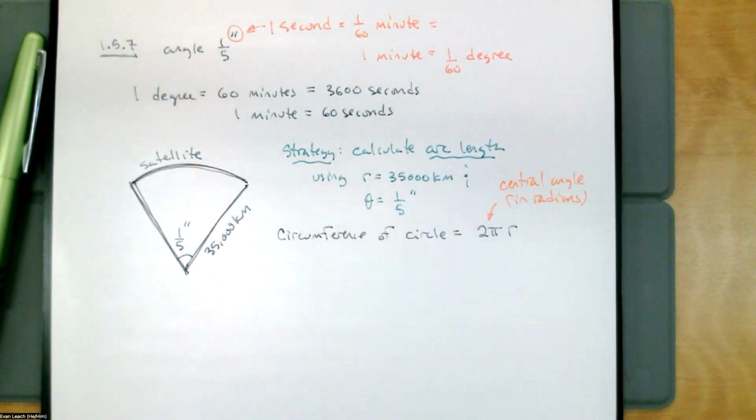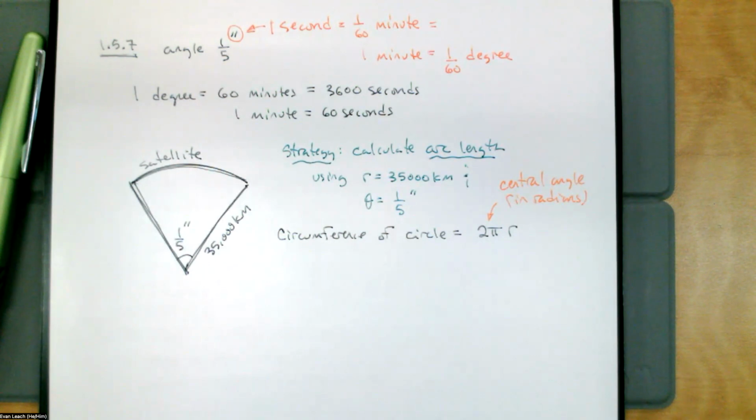So if I want to know the circumference of half of a circle, what's my angle for half of a circle? 180 degrees, which is how many radians? Pi radians. We just took half of what we had.